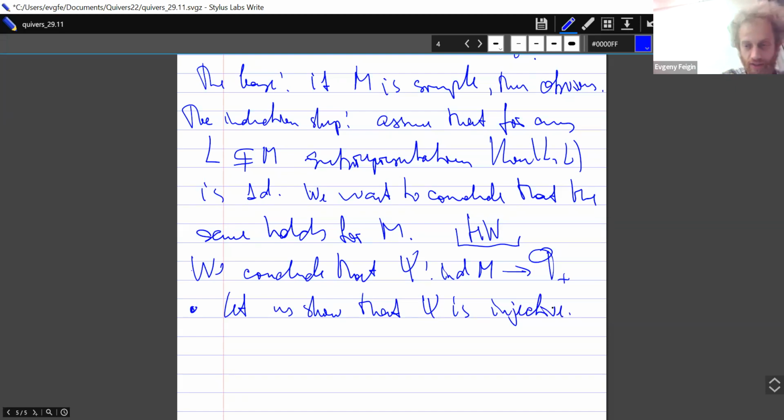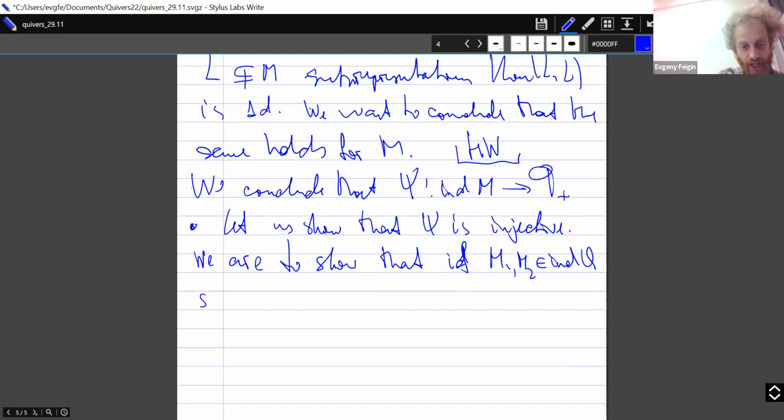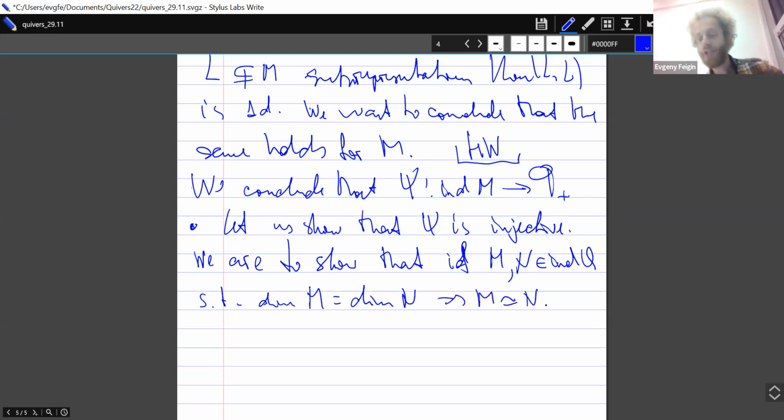It means that we are to show that if M1 and M2 are two indecomposable representations such that the dimension of M1 equals the dimension of M2, maybe I write instead of M1 and M2, M and N, so as not to mix with the spaces corresponding to the vertices, with dim M equal to dim N, then M is isomorphic to N. Okay, so actually this is not completely obvious.